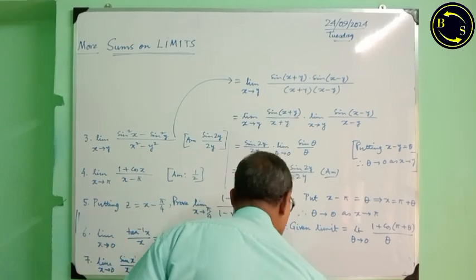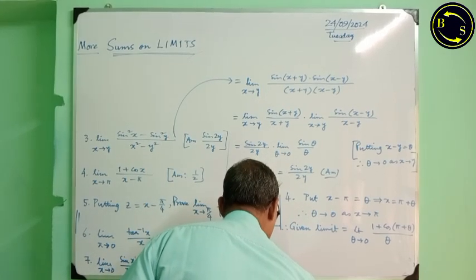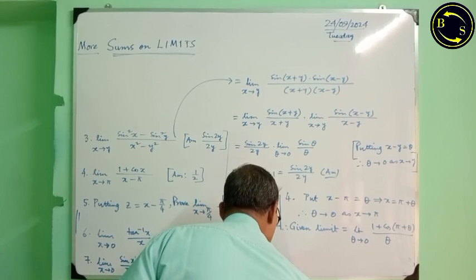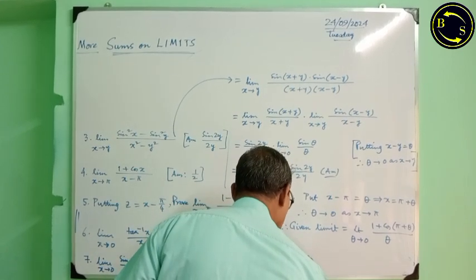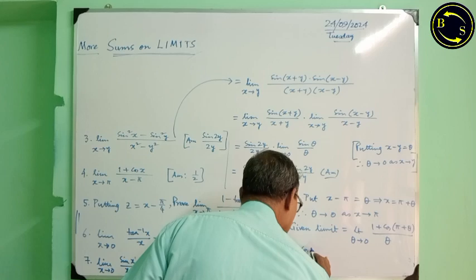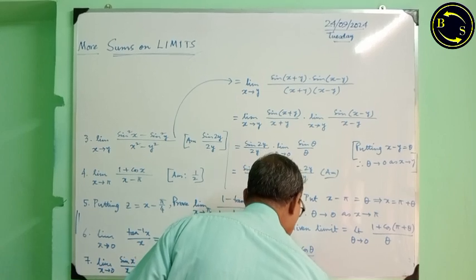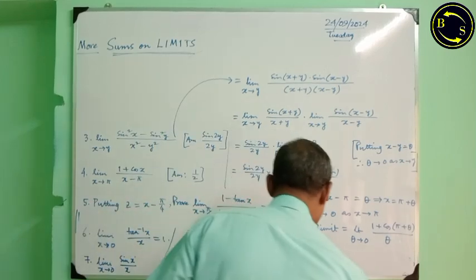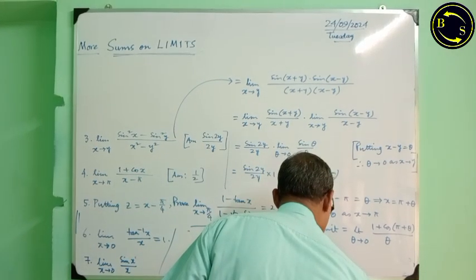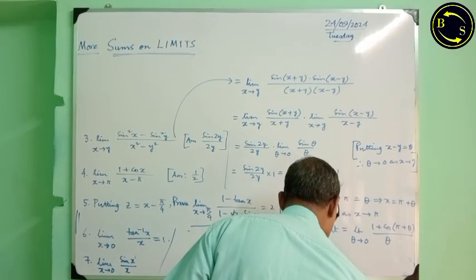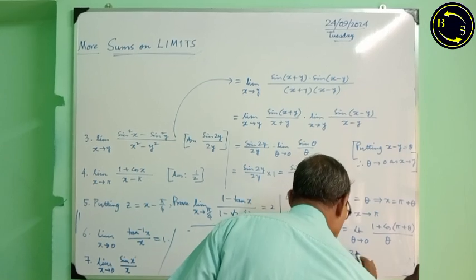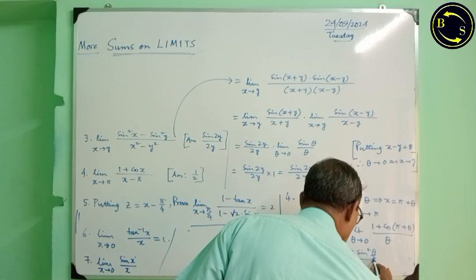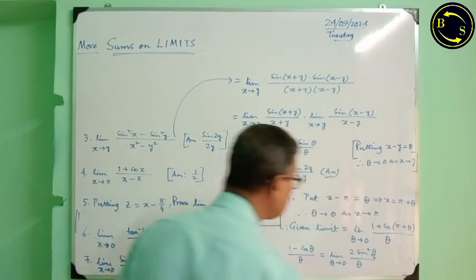Therefore, this will be equal to limit theta tends to 0, 1 minus cos theta by theta. That is equal to limit theta tends to 0, 2 sine square theta by 2 by theta.